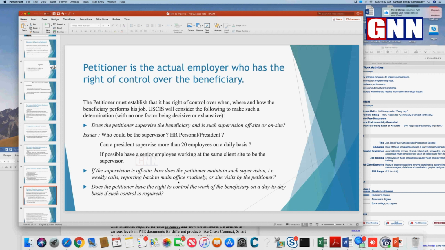Further, I always recommend that if you have multiple individuals placed at the same client, then the junior level employees should be reporting to a senior level person at the same client location. For example, if you have a senior software developer working at Amazon, and there are 10 software engineers working at Amazon at the same location, then you will have the senior software developer act as a supervisor for these individuals.